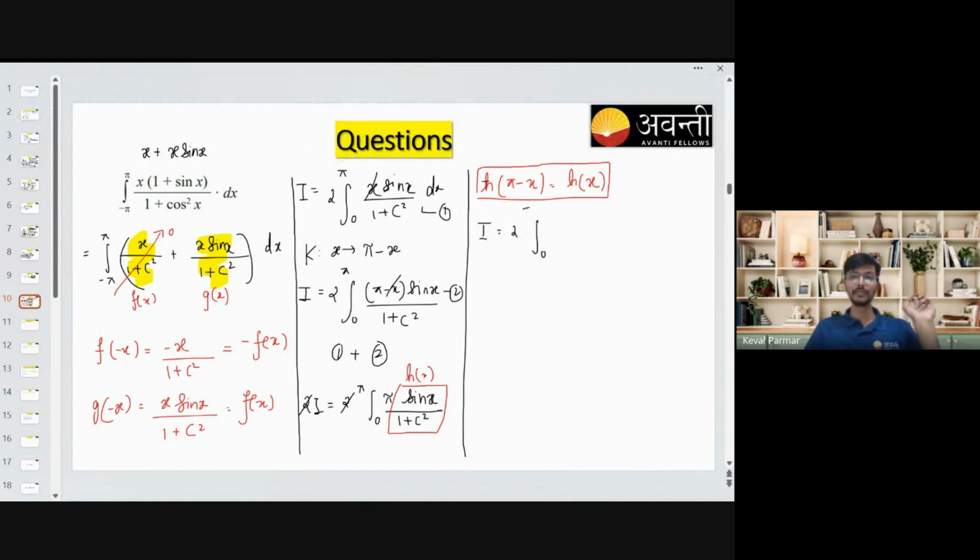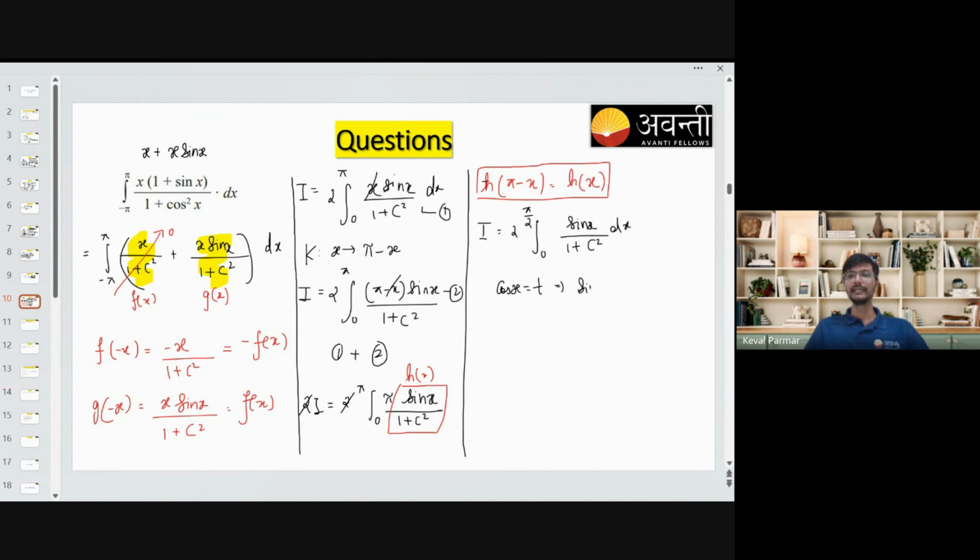That means the limit was 0 to pi. Now it becomes 0 to pi by 2, sin x upon 1 plus cos square x. Now we can integrate by putting cos x equals to t.